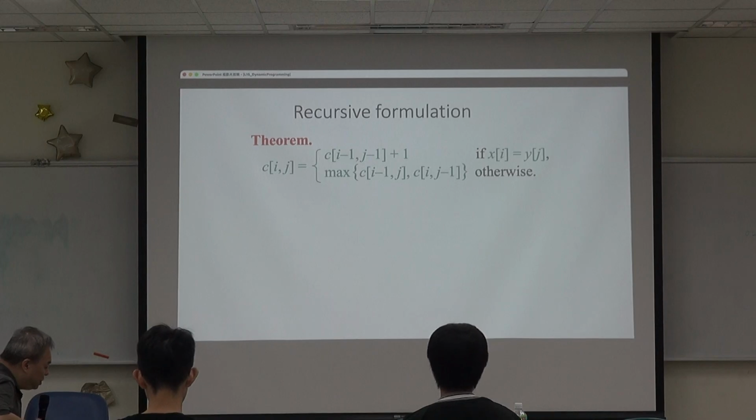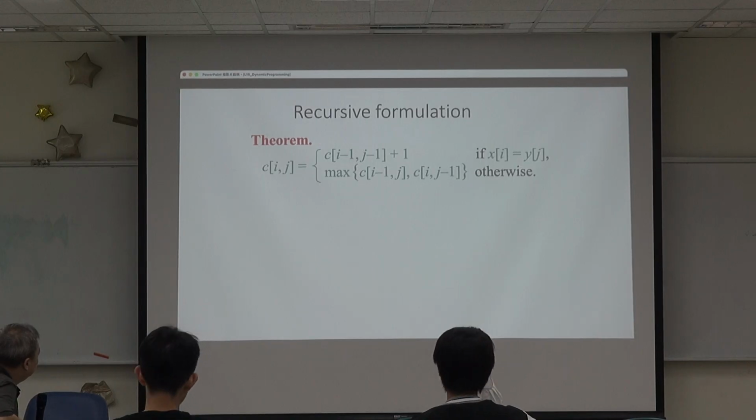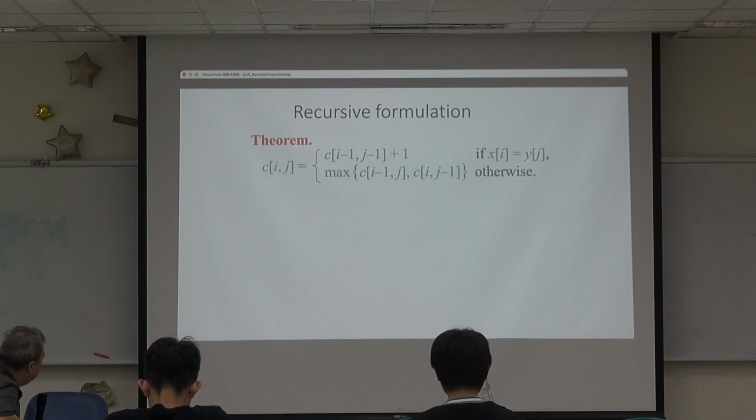So we just mentioned the definition of Cij, right? Now let's try to consider the definition of Cij recursively, or however you want to call it, like incremental thinking or recursive thinking.